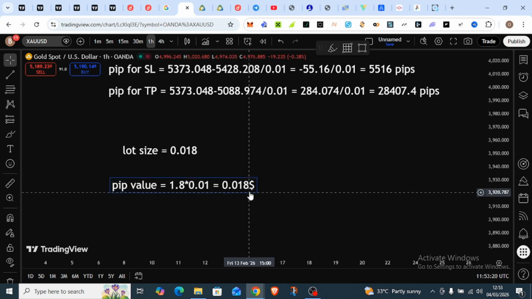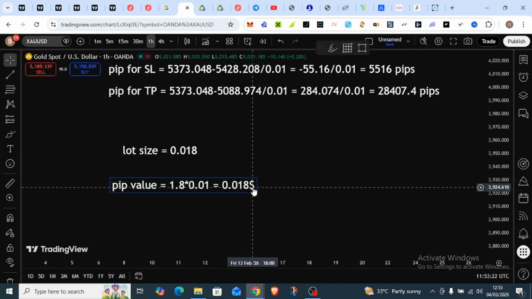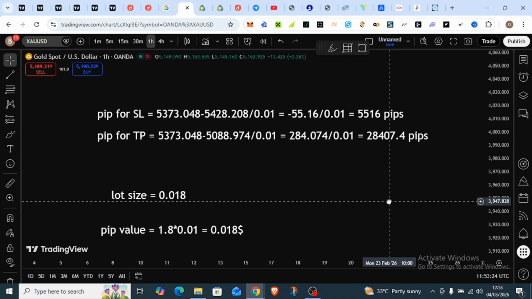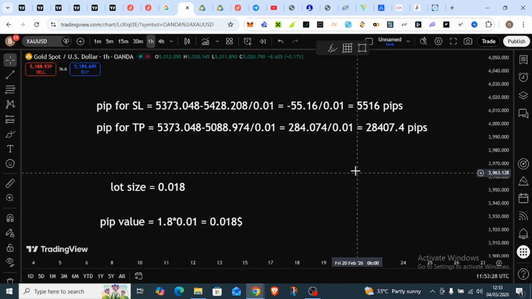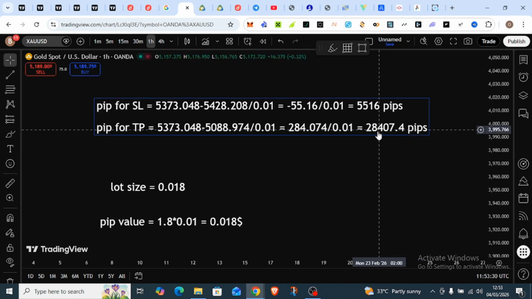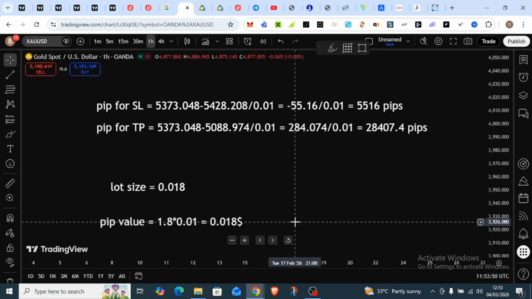Pip value for this. So for us to get how much we will have if the trade goes our way, we multiply this Pip value by the Pip movement, which is 28,407.4.